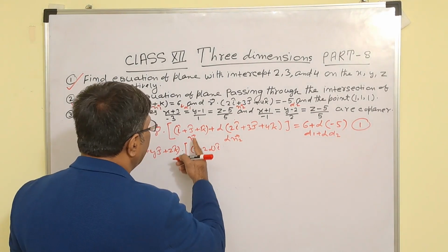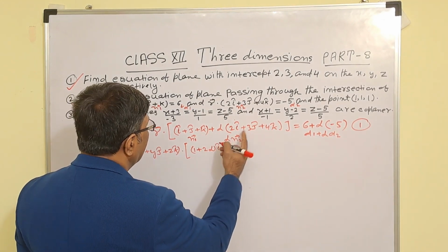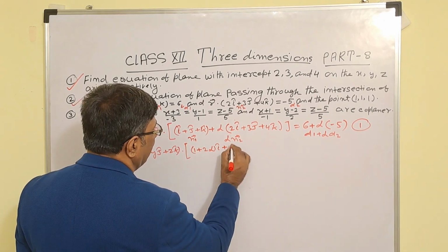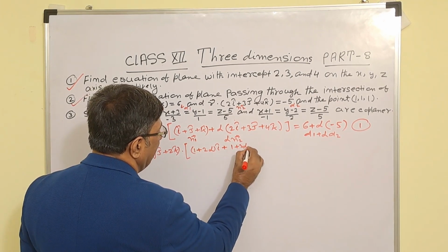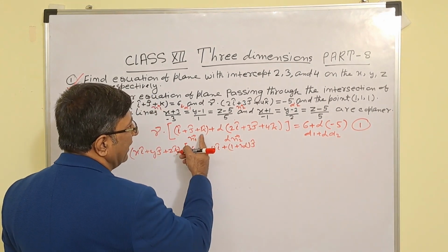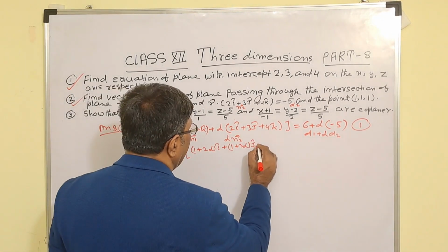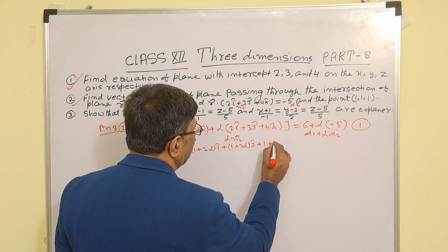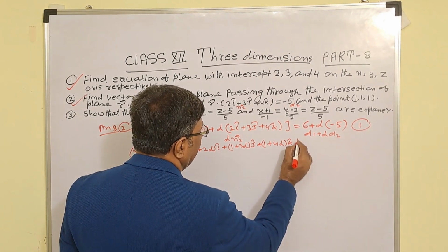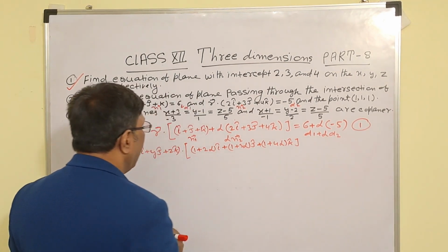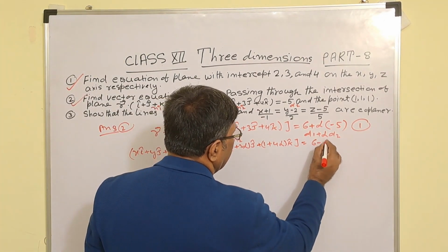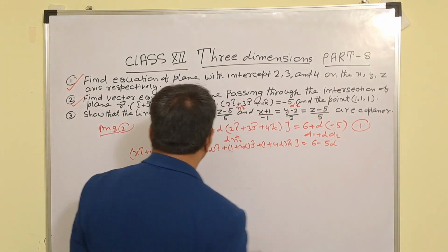In the same way, plus 1 plus 3 lambda into unit vector j. Again, plus 1 plus 4 lambda into unit vector k. And this is equal to 6 minus 5 lambda.